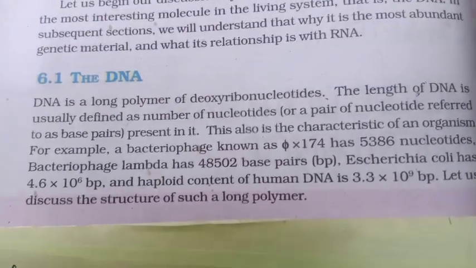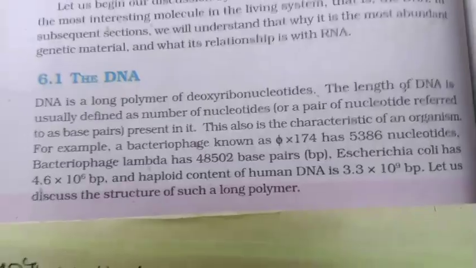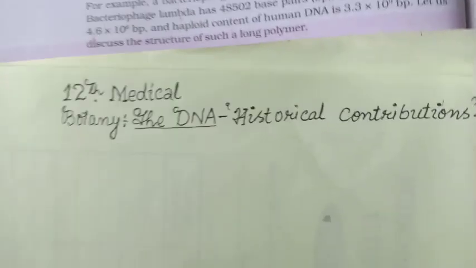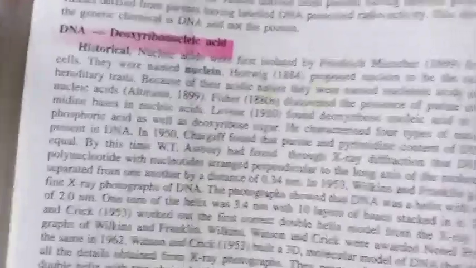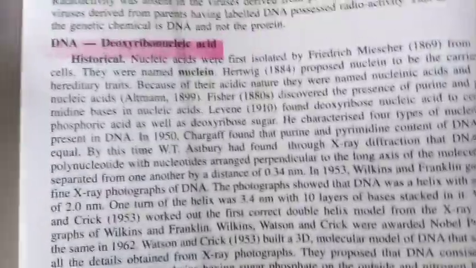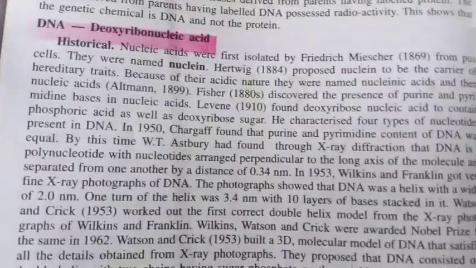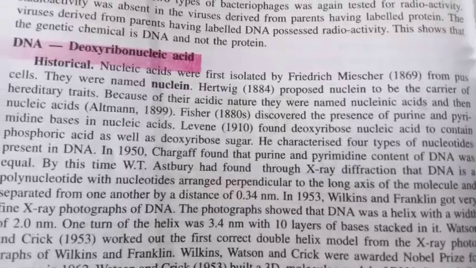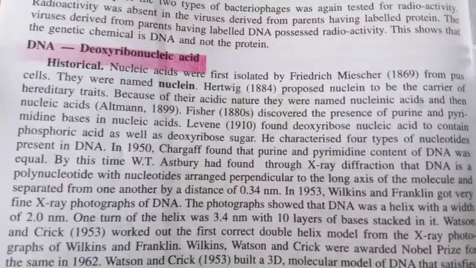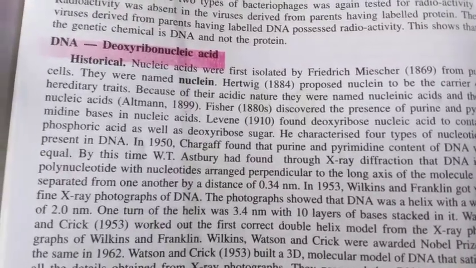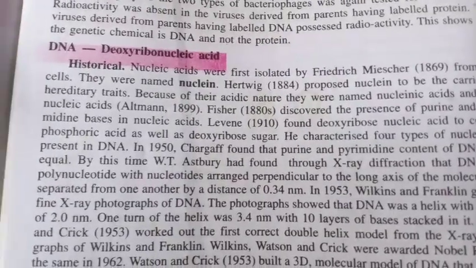Let us now see what progresses were made in the ultimate discovery and the structure of the DNA by the different scientists. Nucleic acids were first isolated by Friedrich Miescher in 1869 from pus cells, and they were named nuclein.